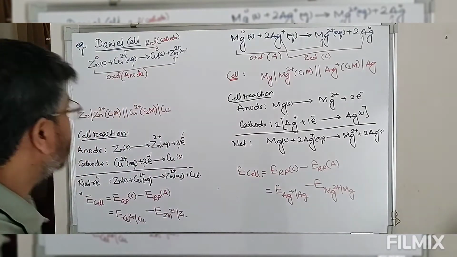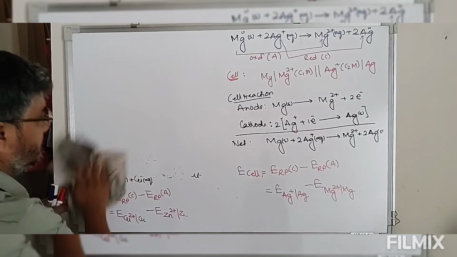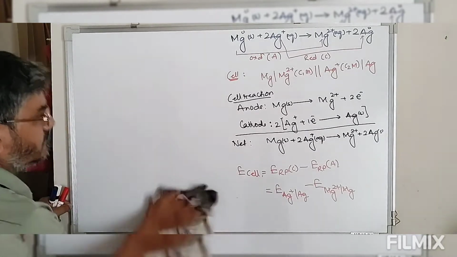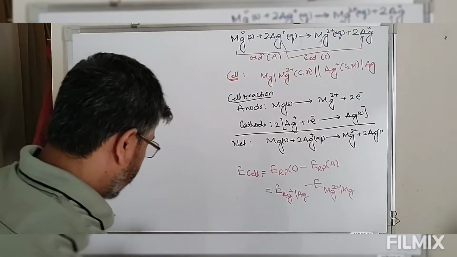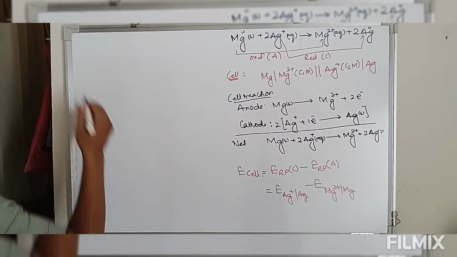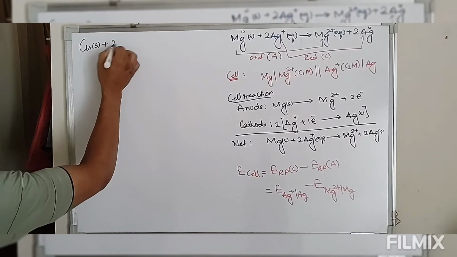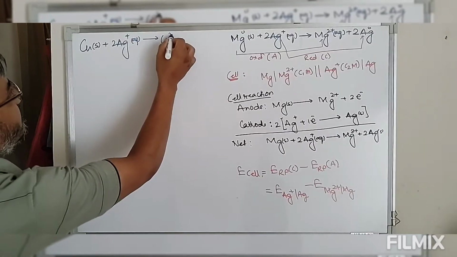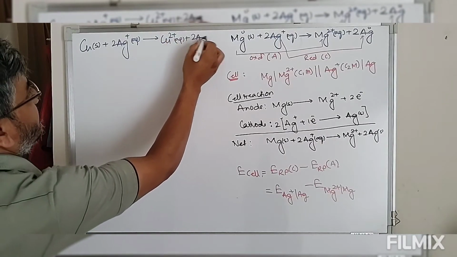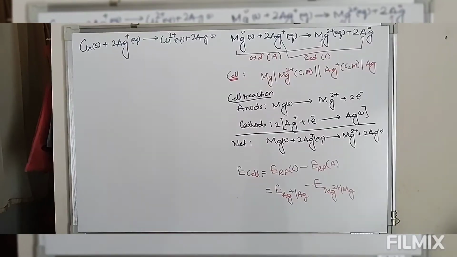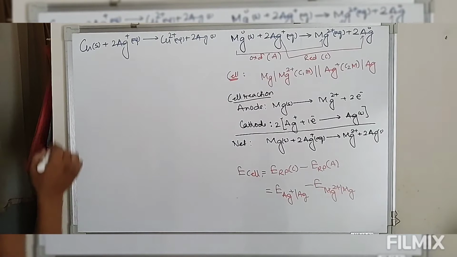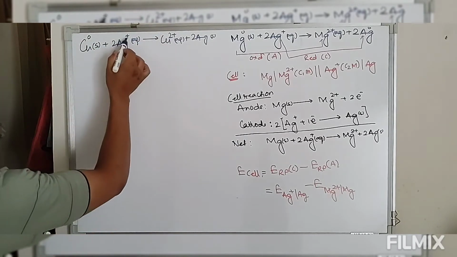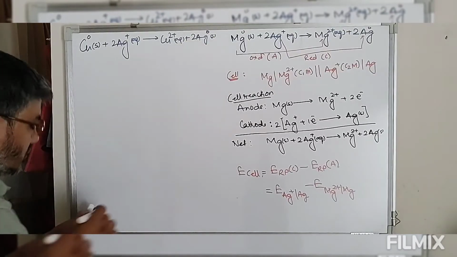Let's take one more example here. Let's take this example. So suppose we have this cell. Now for this cell we have to represent the cell reaction, and I have to write down E cell. So copper is changing from 0 to plus 2, silver from plus 1 to 0.